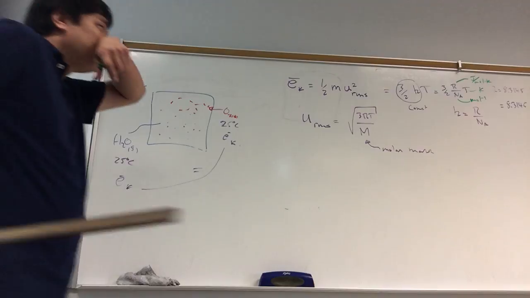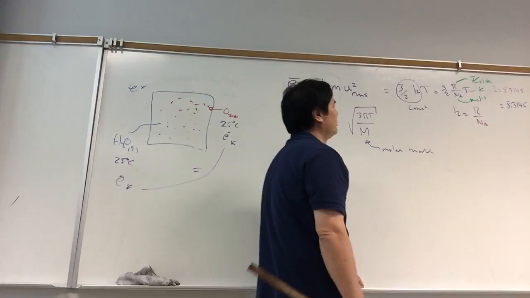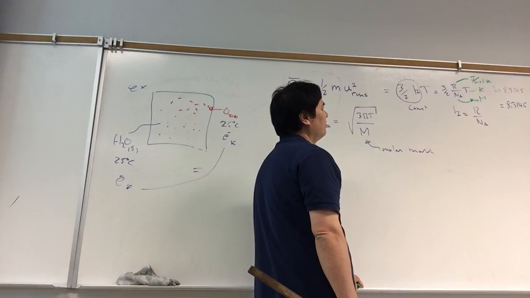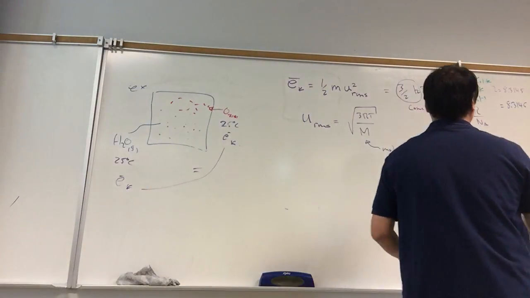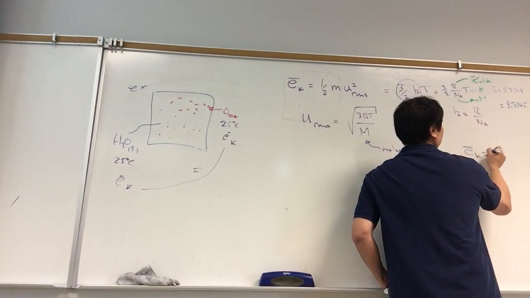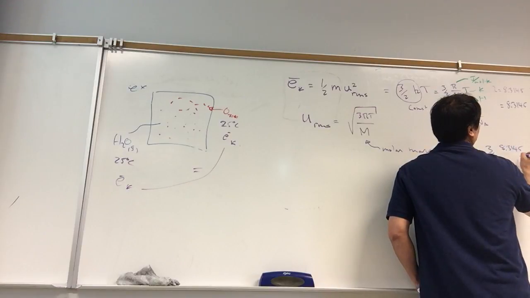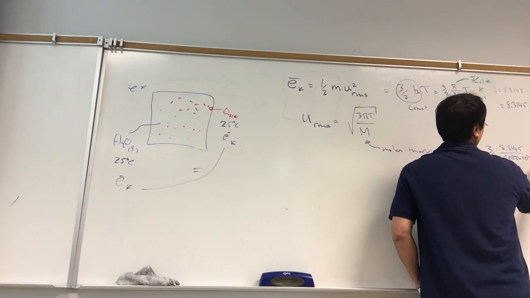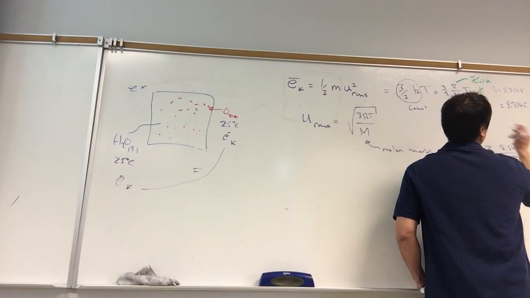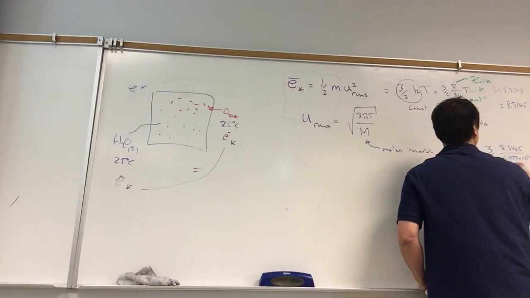Anyway, we plug in 298 Kelvin. Actually, can somebody do this? Plug in 3 halves, R 8.3145, Na 6.022 times 10 to the 23rd, T 298 Kelvin. Units cancel, leaving us with joules.